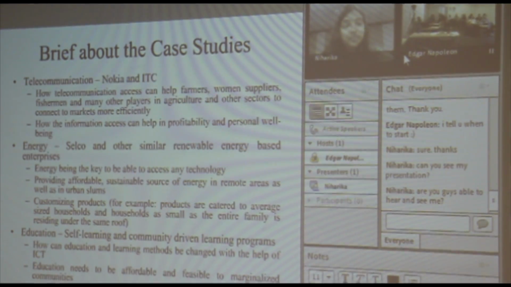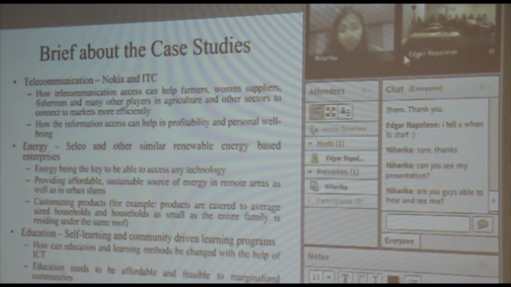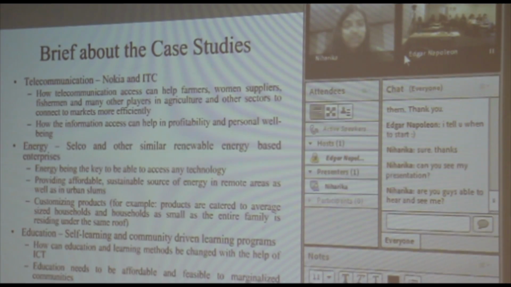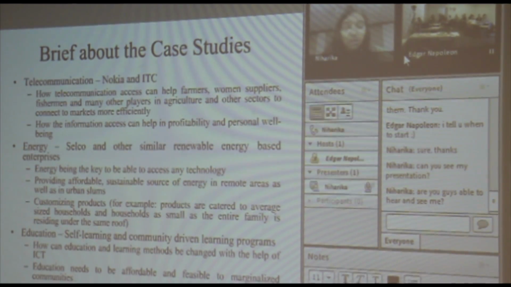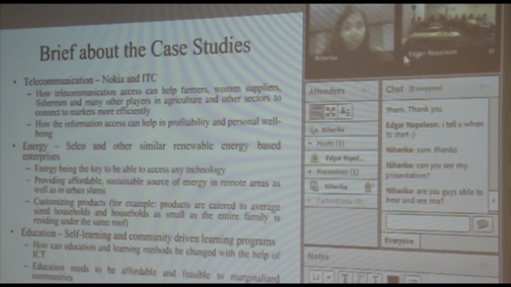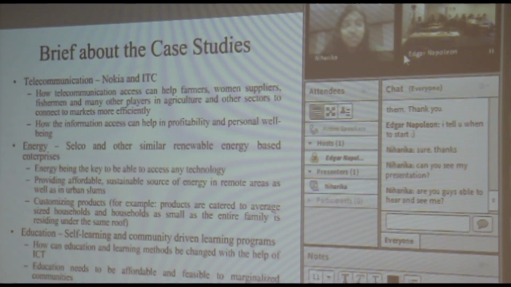The second context that I talked about was energy. We have several enterprises in India which now operate in that context, like Selco and several other renewable energy-based enterprises and social enterprises. We are trying to understand how they make energy affordable and sustainable to these people, not just in remote areas like rural villages and distant areas, but also in urban slums.